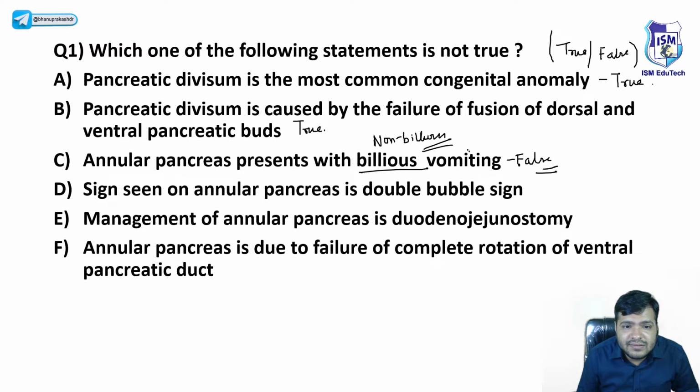Now, sign seen on annular pancreas is double bubble sign. True or false? True, true, true, true. Very good. Now, management of annular pancreas is duodenojejunostomy. This is a simple statement that is given. Again, guys, you have to use your brains. Yes, Sarishta, Anushka, very good. It is false.